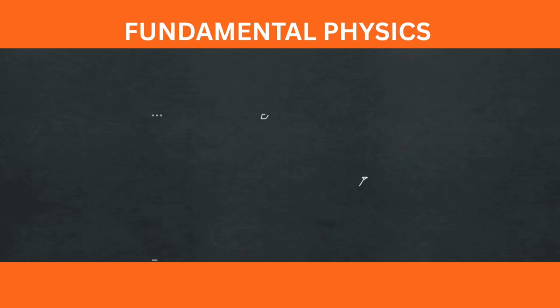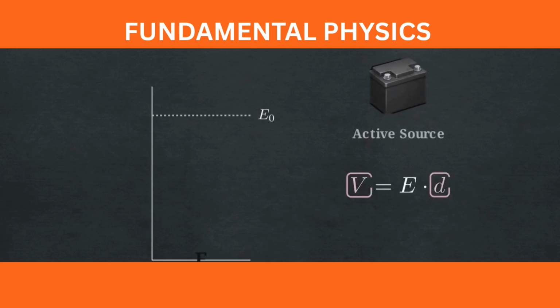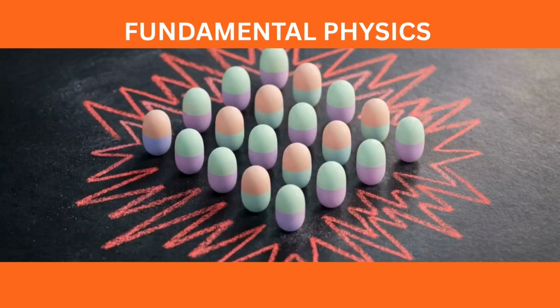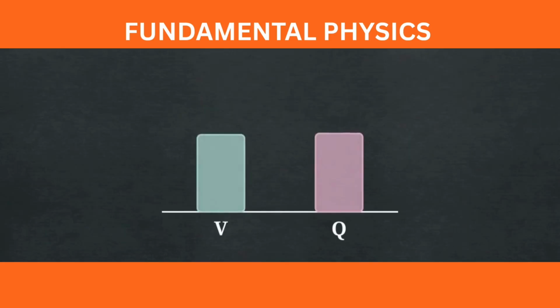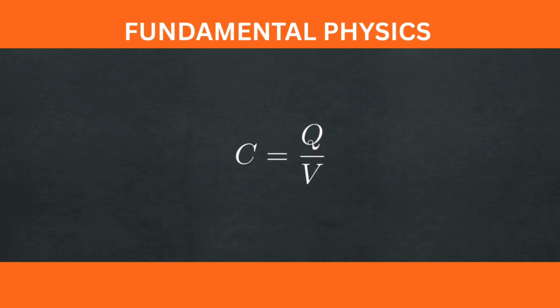Since the voltage and the physical separation of the plates are both rigid, the net electric field stays balanced at its original strength, E0. However, the dielectric is still polarizing, attempting to weaken that internal field. To prevent the field from dropping, the battery compensates by delivering more free charge to the plates. The accumulated charge scales up by the dielectric constant, reaching a new value of K times Q0.